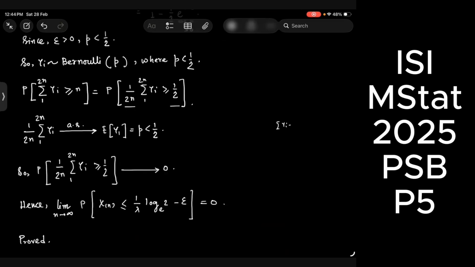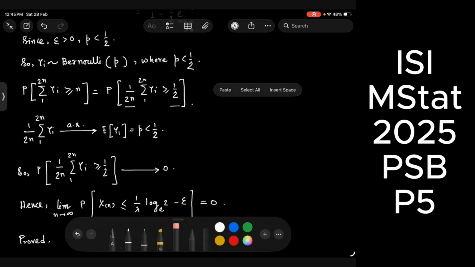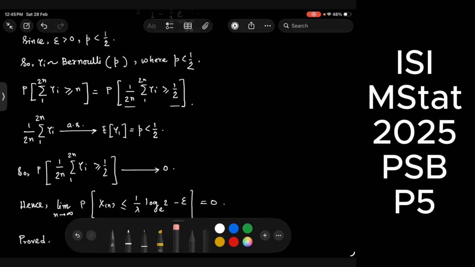The sum of yi will be 2np, right? And what will be the denominator? Root of 2npq, right? So roots and all are coming. That's why I avoided that path and just did it this way.